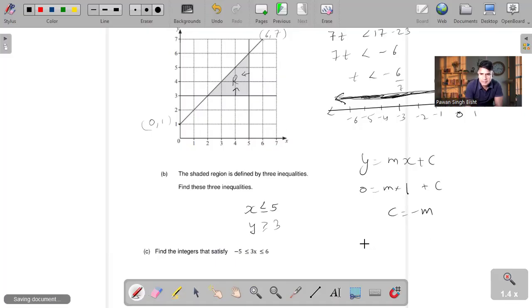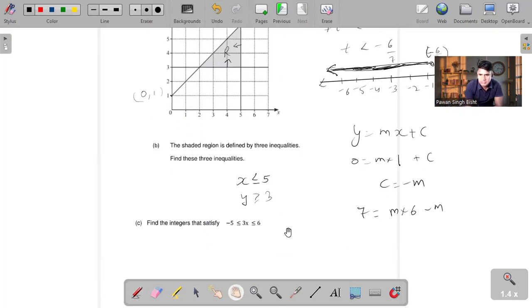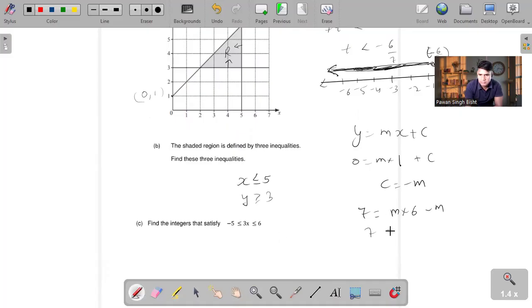And then second condition, when I put y 7, x will be 6, and c is negative m as already calculated. So 6m minus m, so it will be 5m. So m is 7 upon 5. So c will be minus 7 upon 5.